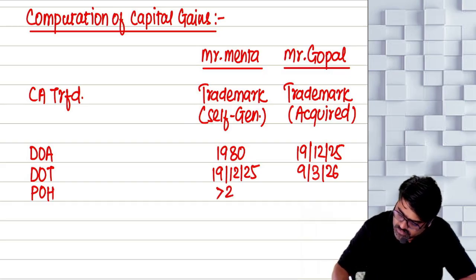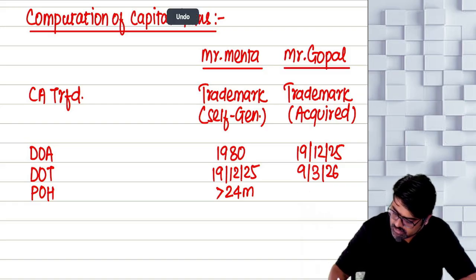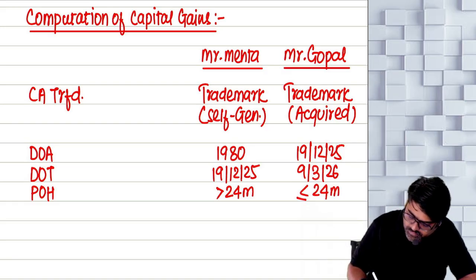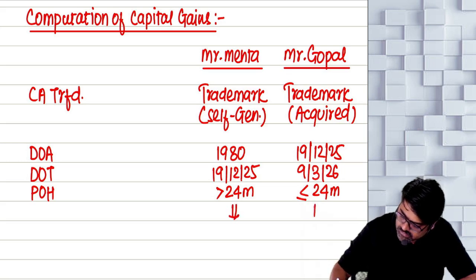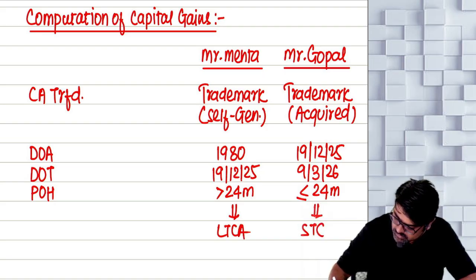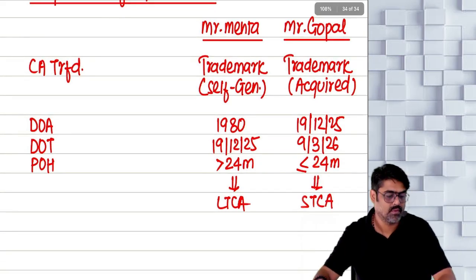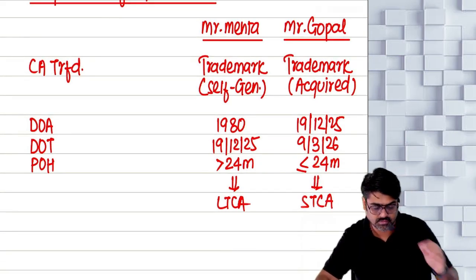For him, the period of holding is more than 24 months, and here the period of holding is less than or equal to 24 months. This is a long-term capital asset, and this is a short-term capital asset. So these are some basic things.